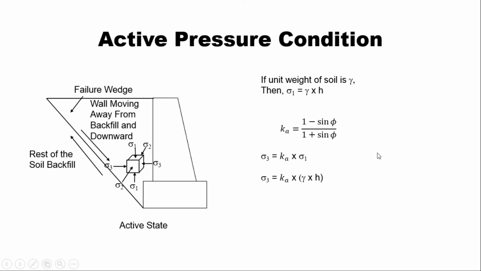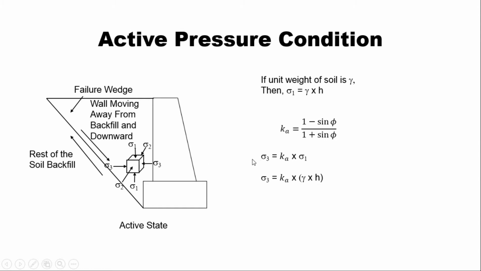In active pressure condition, if we consider any soil element lying at a depth h below the top of the field, then the vertical pressure, which is the major principal stress, is given by gamma times h. Definitely the lateral pressure sigma 3, which is the minor principal stress, will not be equal to sigma 1, but it will be less than that.